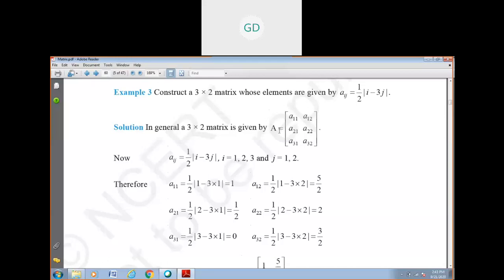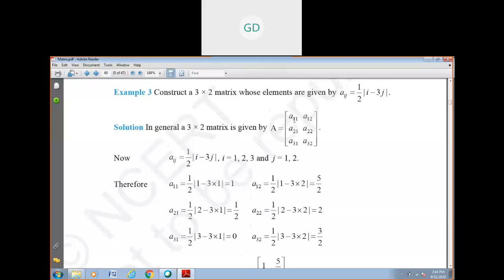Now, for our convenience, what will be the values of i and j to be considered here? We can just observe this. This is the rule from which we can get all the elements of the matrix. In this rule, very simply, we can put the values of i and j.